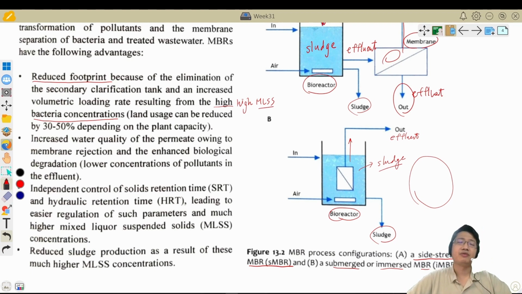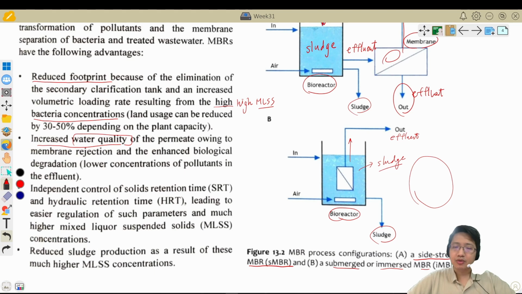If they are active microorganisms, you will be able to degrade more BOD and COD from your influent. So the water quality will be improved in terms of COD and BOD removal efficiency.